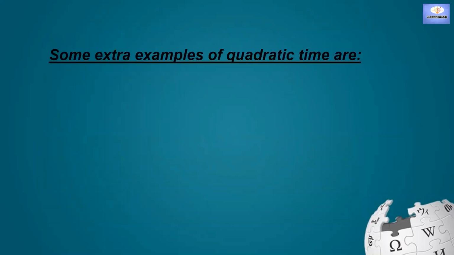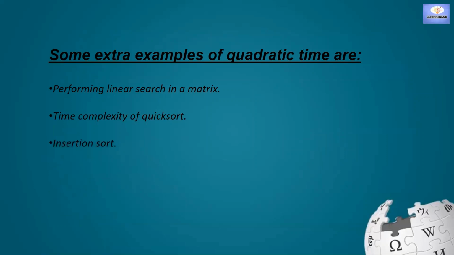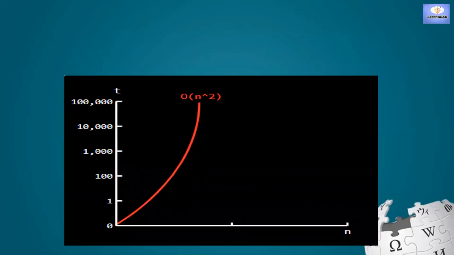Some more examples of quadratic time are performing linear search in a matrix, the time complexity of quicksort in the worst case, and the time complexity of insertion sort. This is the graph of quadratic time.